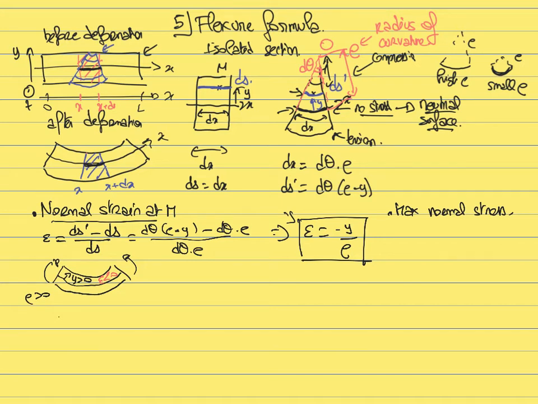Negative epsilon means that you are under compression. If now you look at a negative y, since rho is positive, a negative y will now give you a positive epsilon. Positive epsilon means that you are under tension.